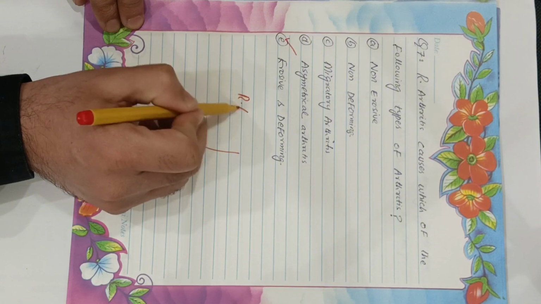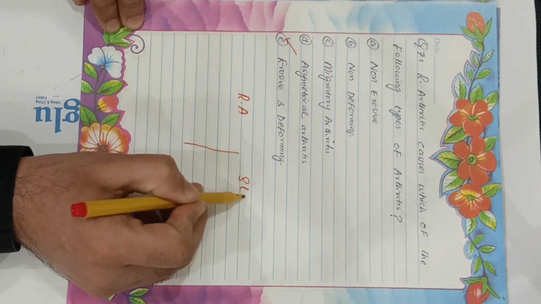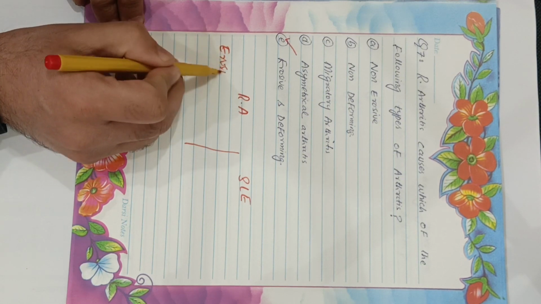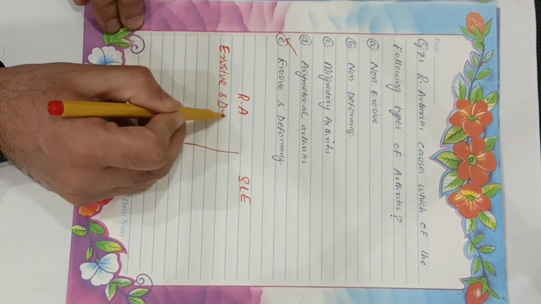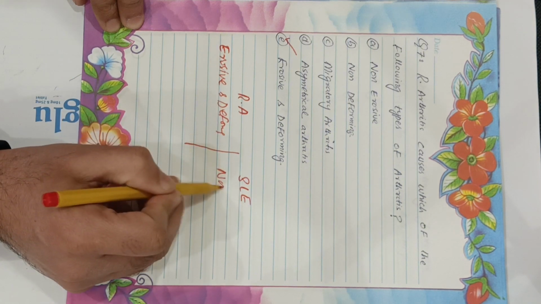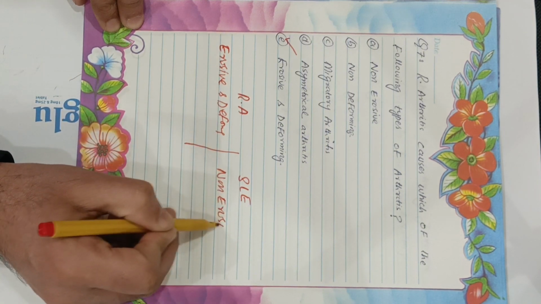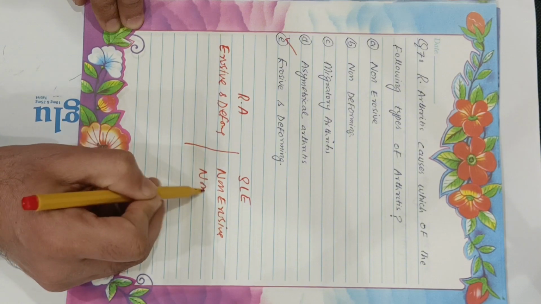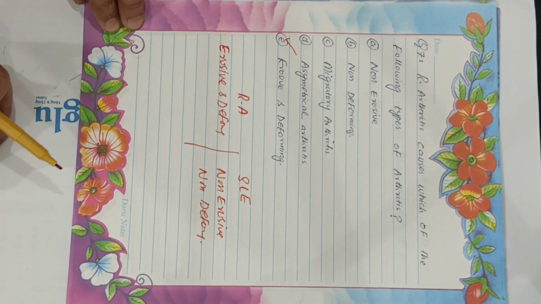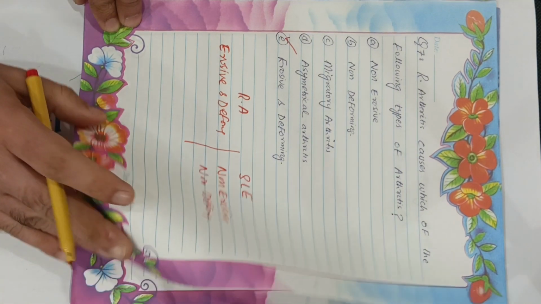Rheumatoid arthritis causes erosive and deforming arthritis, while SLE causes non-erosive and non-deforming arthritis. This is the difference between arthritis of SLE and arthritis of rheumatoid arthritis.